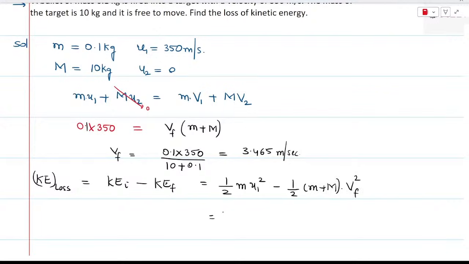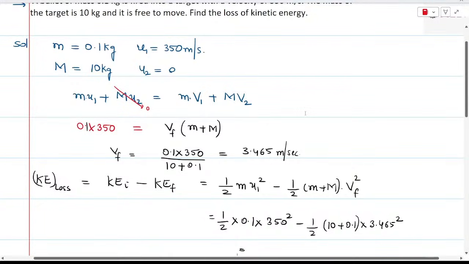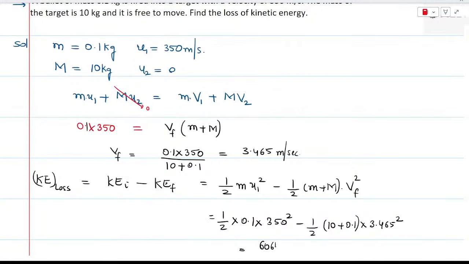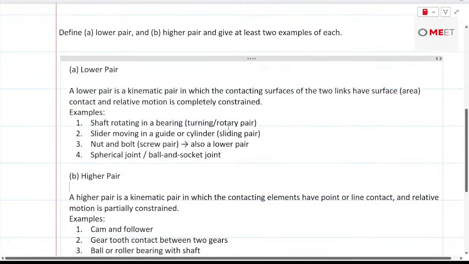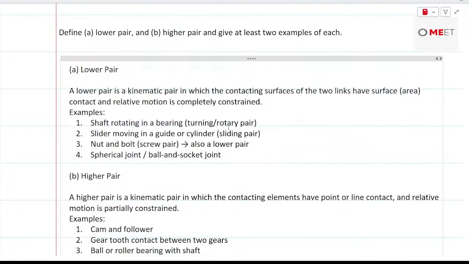So this would be half into 0.1 into 350 square minus half into (10 plus 0.1) into 3.465 square. Upon calculation, this will be equal to 6064.34 joules.